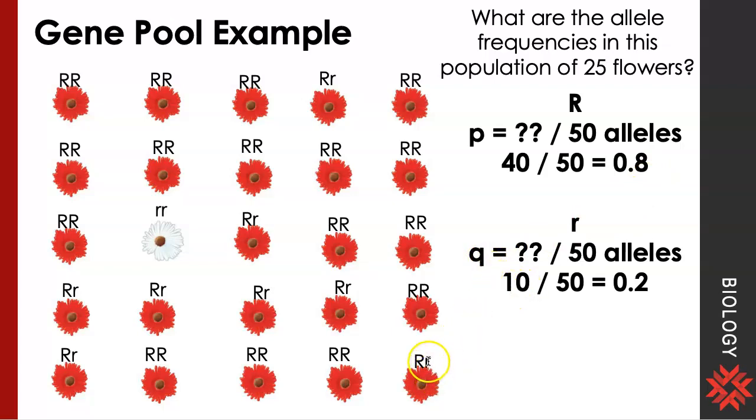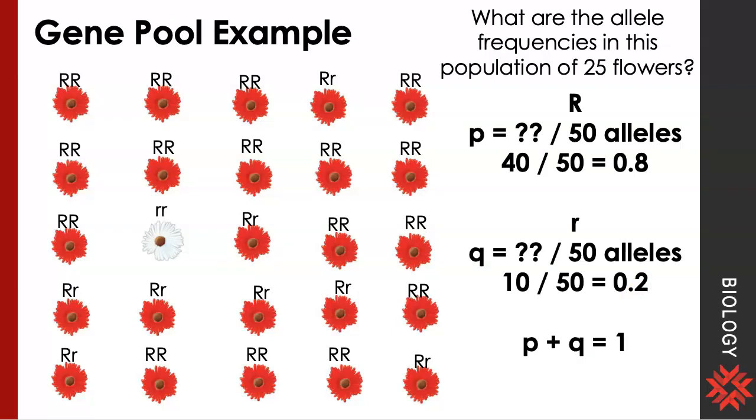Q is the frequency of that recessive allele. You can count out how many little r's there are, and you'll see that there's 10 little r's. So 10 out of the 50, 0.2 is the frequency of that recessive allele. Now remember we said that P plus Q equals 1.